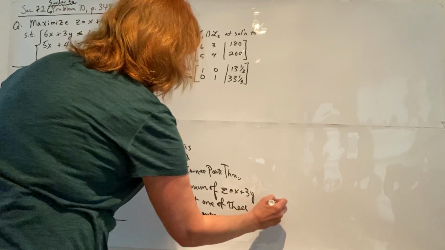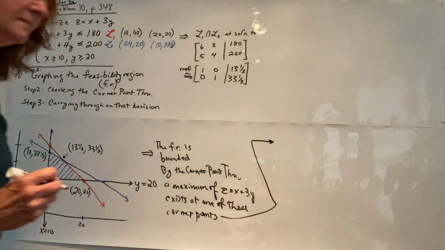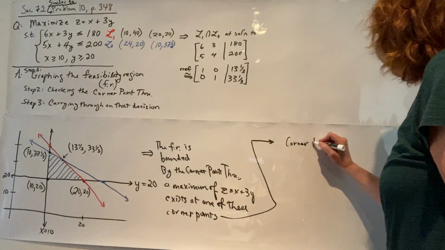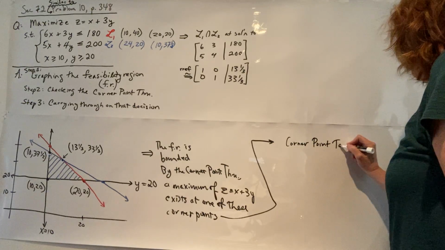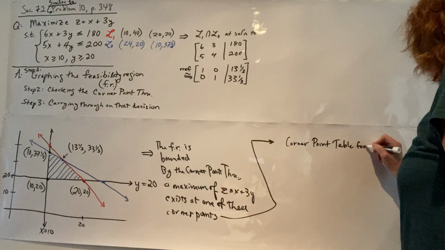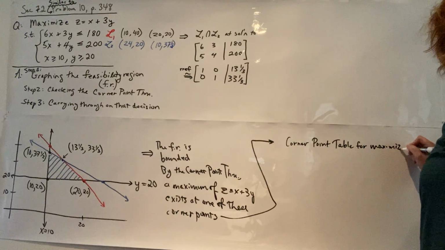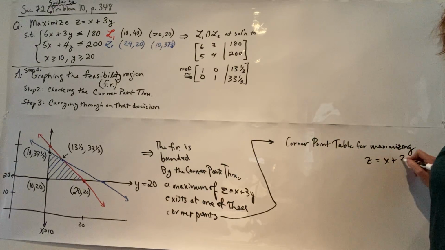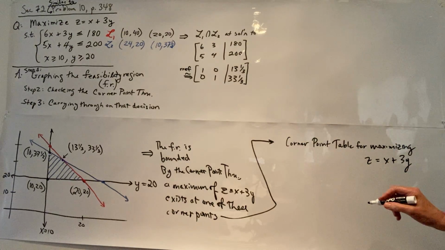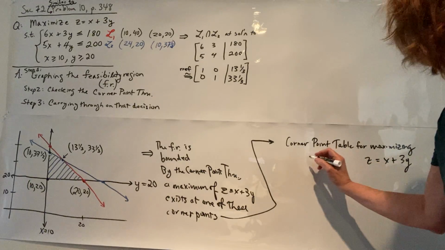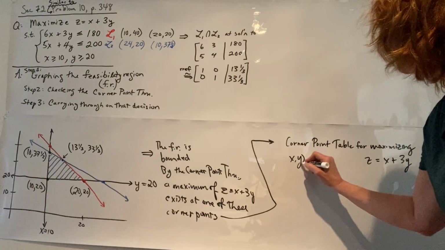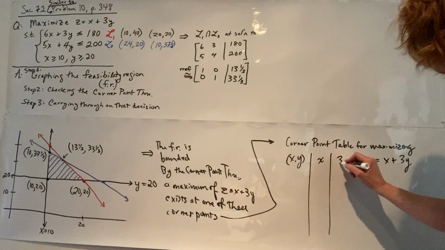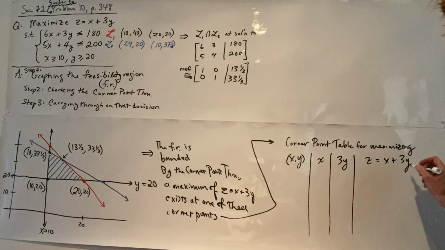In other words, you make a corner point table for maximizing z equal to x plus 3y. Yes, you build a table off of this. So for every x and y pair, we're going to need an x column, a 3y column, and then their sum.